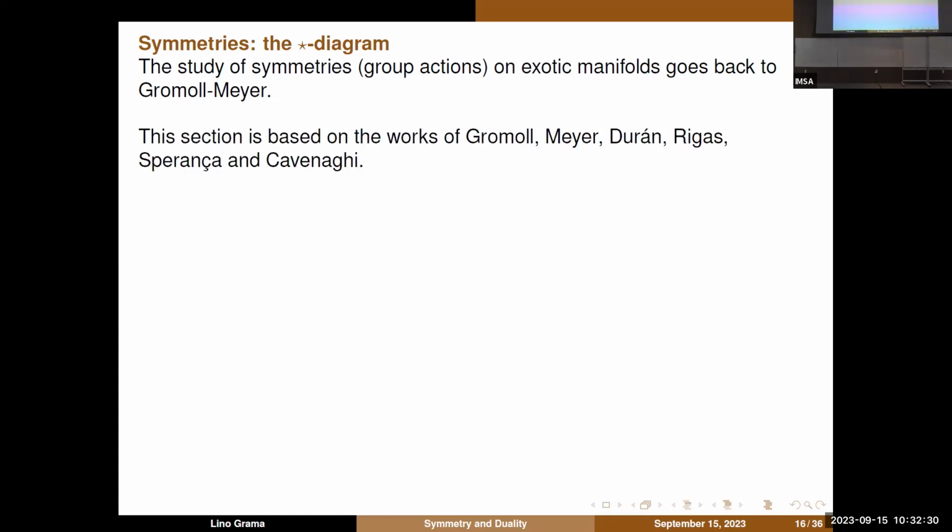This construction is based on the work of several people like Gromoll, Meyer, Durán as a student of Gromoll, Rigas, a Greek professor at UNICAMP, Esperança as a student of Durán, my colleague in the same PhD class, and Kavanagh is present here. But I mixed these works for this presentation.